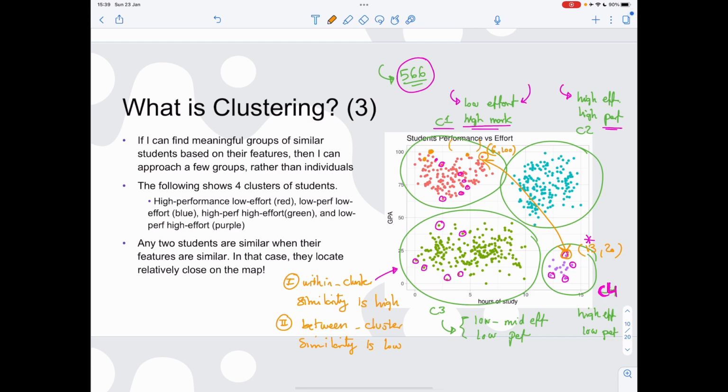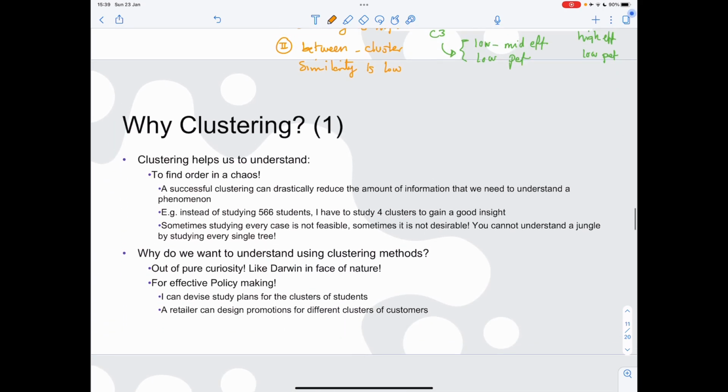We have another close to 100 mark and around 5 hours. And you can see that these two profiles are quite similar compared to the ones that are coming from two different clusters. So this clustering seems to me a successful effort. Let's go and talk about the reason behind clustering.